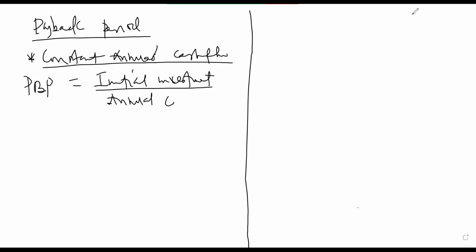The constant annual cash flow is where you are going to be receiving that amount of money at the end of every year. So if you are spending 10 million now, and every year you'll be getting 2 million, your payback period will be calculated as 10 million over 2 million. That will give you 5 years.